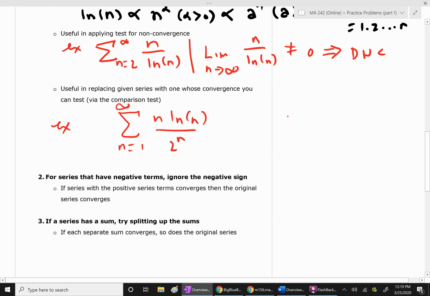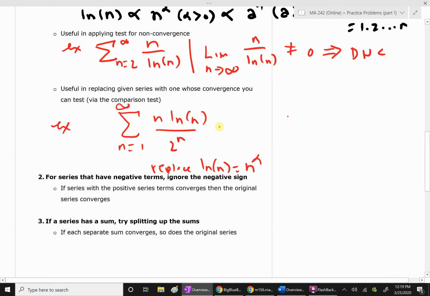Now technically you can use the tests that we've already used, but it's much easier to replace the natural log n by n to some positive power. So the smart move here is to replace it by n to the alpha, and I can choose any one. I'm just going to choose just n to the first.